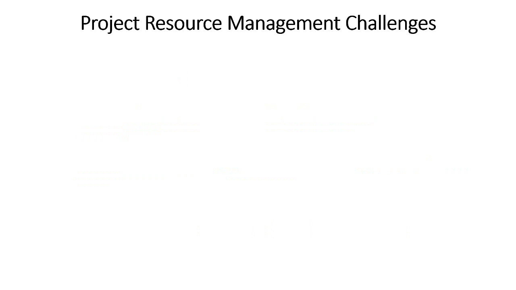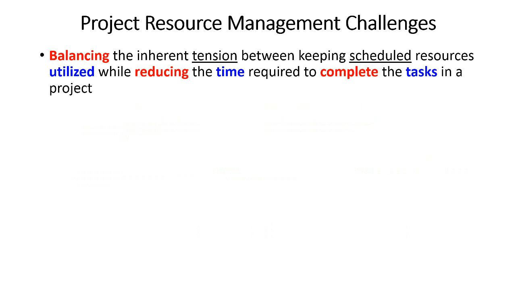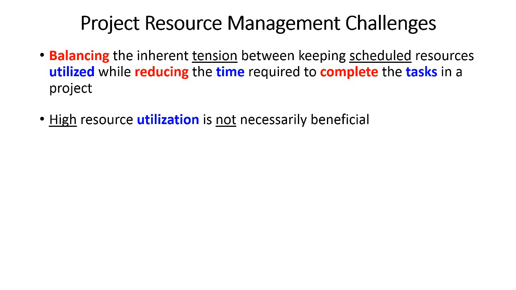So in general, what are our project resource management challenges? It's balancing the inherent tension between keeping your scheduled resources utilized while reducing the time required to complete the tasks in a project. These things are often in conflict with each other.